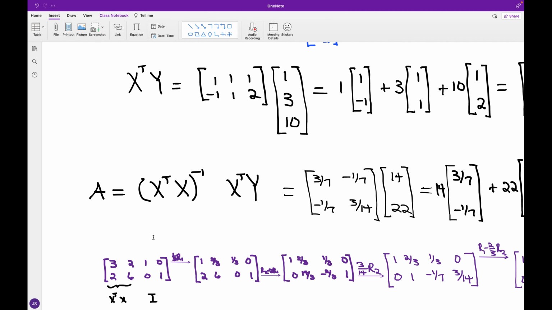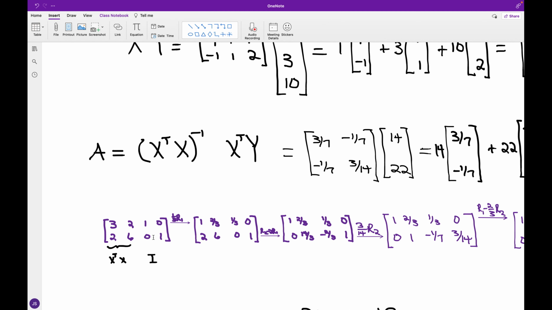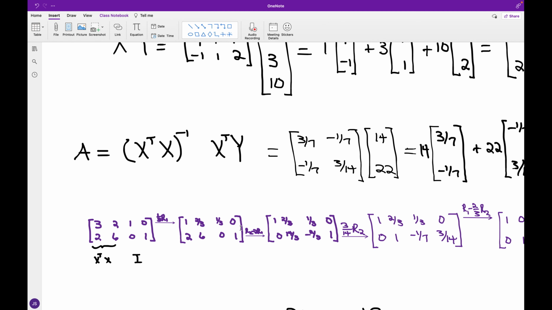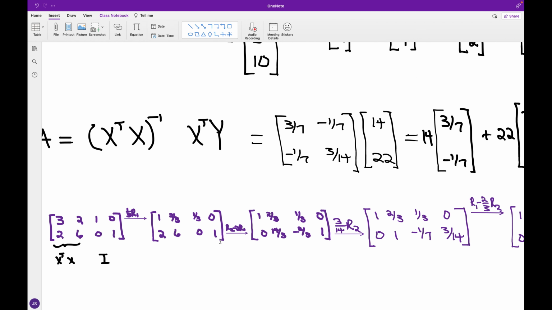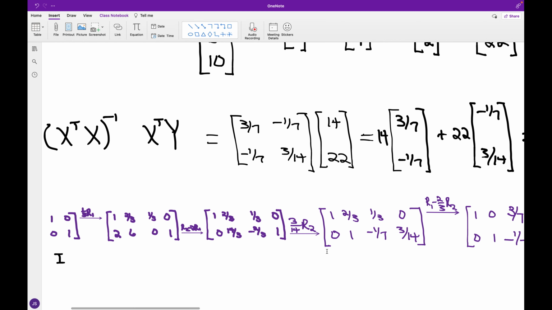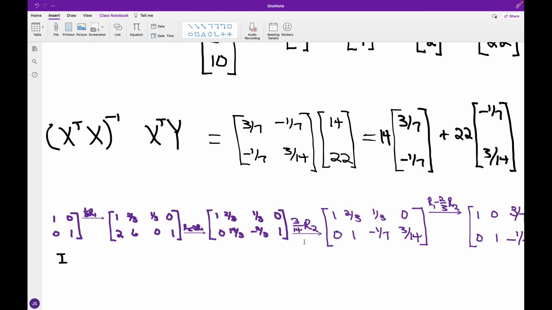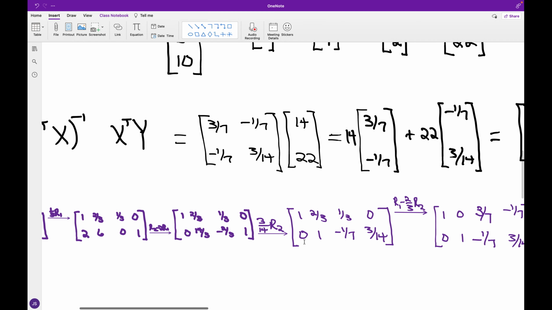So if I take 1/3 of the first row, I get 1, 2/3, 1/3, and 0. And then for the second row, if I take R2 minus twice R1, we have 0, 14 thirds, -2 thirds, and 1. And then we have 3 14ths of the second row.